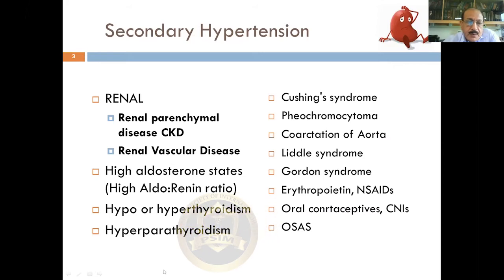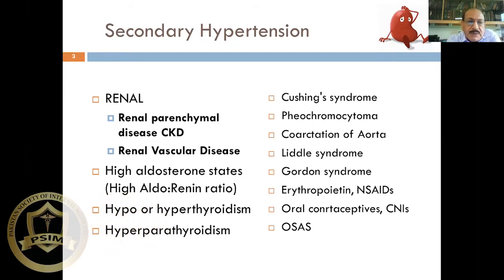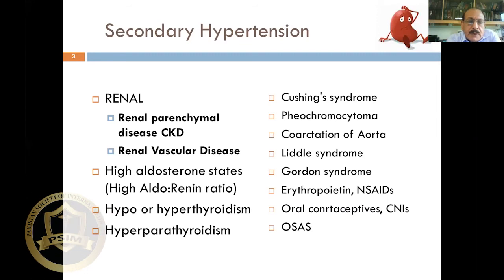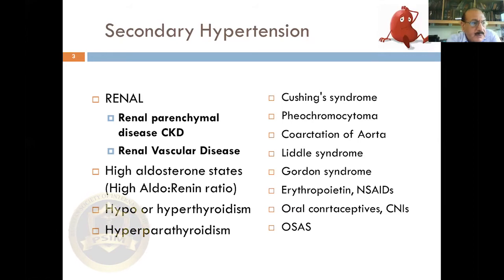Only last year I came across a woman with a blood pressure of 200 by something, who has had 3 pregnancies, 3 cesarean sections, and she had uncontrolled blood pressure during all her pregnancies.